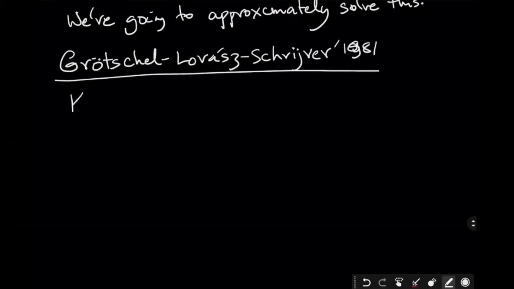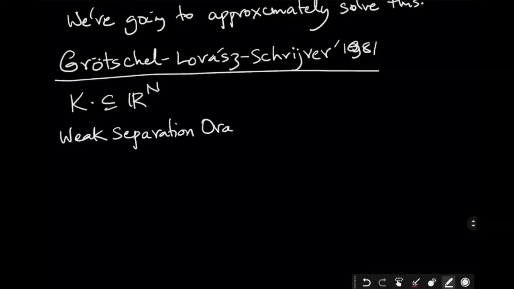So let's say K is a convex set in R to the capital N, in order to distinguish it from the small n's floating around earlier. So they defined an object called a weak separation oracle for K. What's a weak separation oracle?